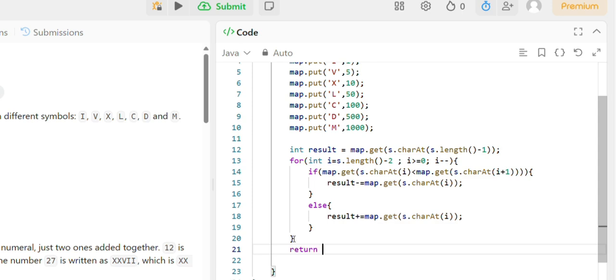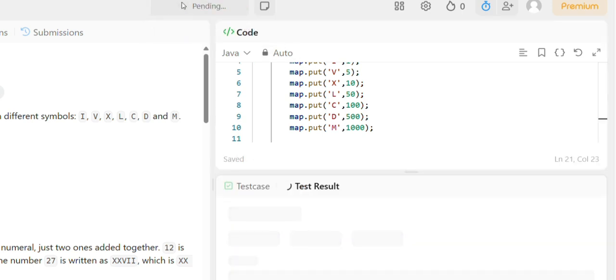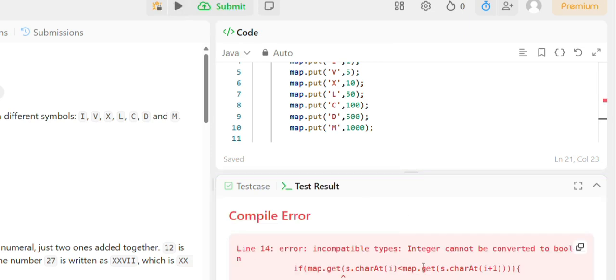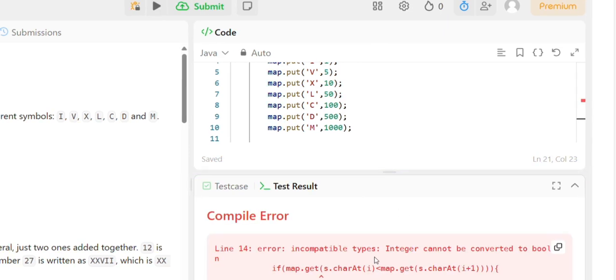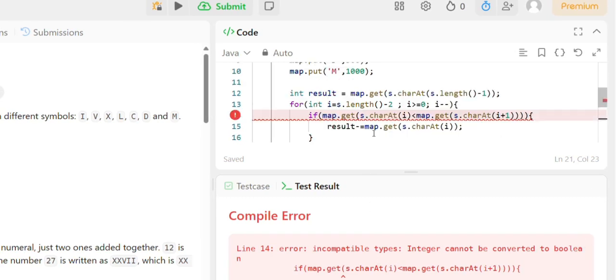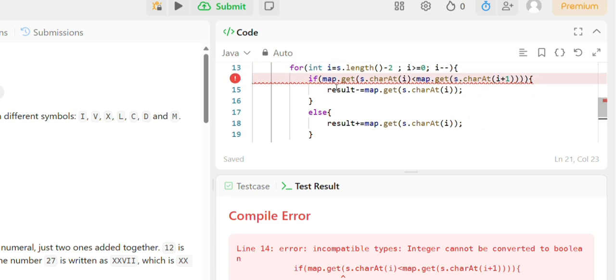So return result. Let's run our code. It's running, and there's an error. What's wrong with this? Integer cannot be converted into the character. Which line? The i plus 1 line. Here it is map.get of s.charAt of i.